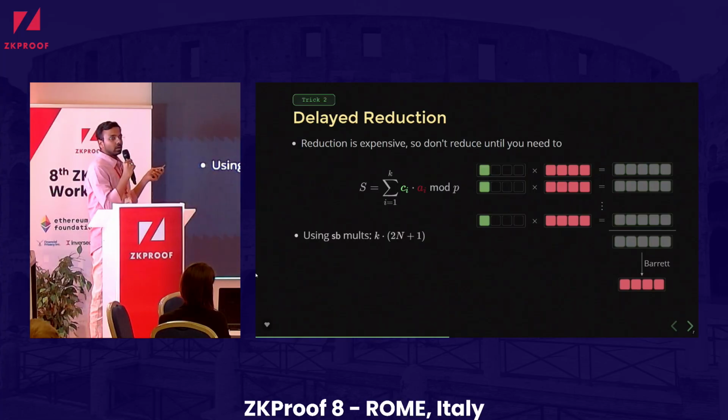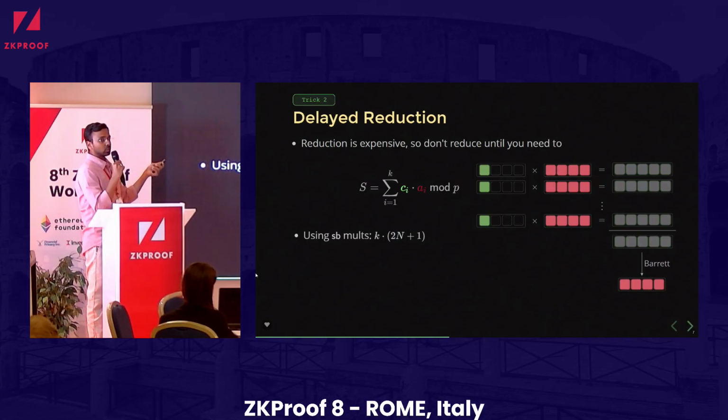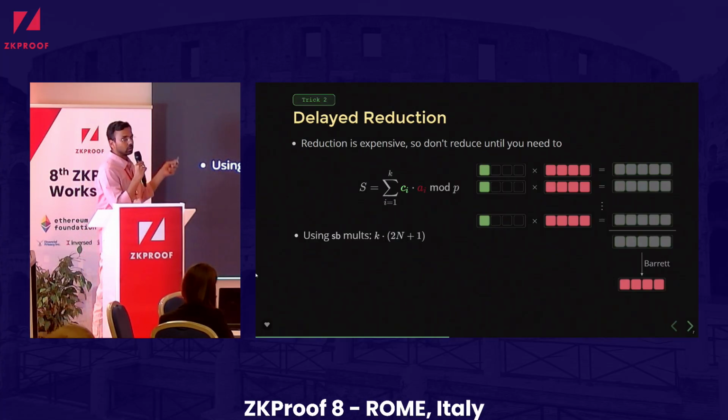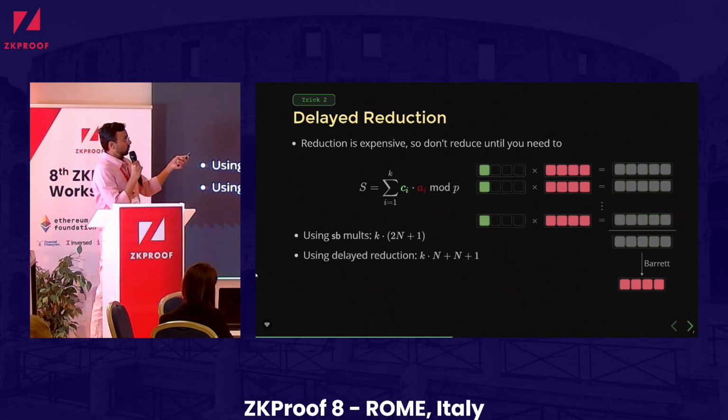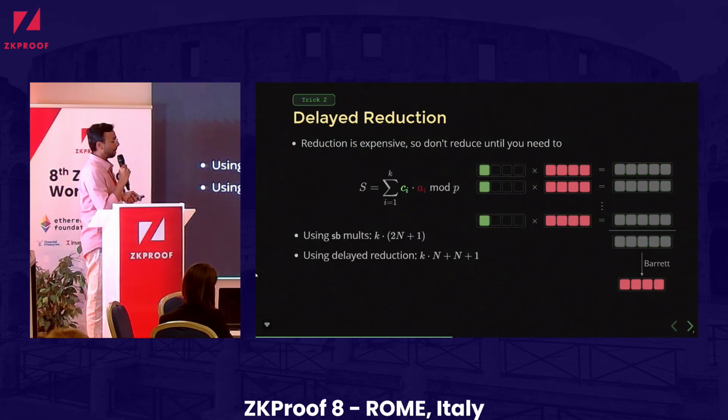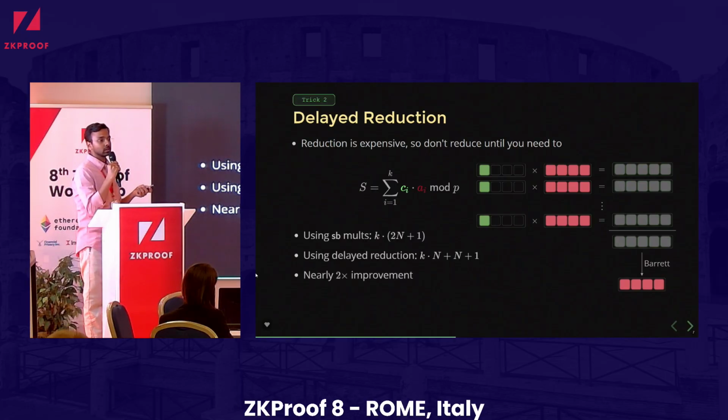Which means the SB multiplication that we saw on the previous slide cost 2n plus 1 multiplications for one multiplication, and k is the number of multiplications we are doing here. With this method, we avoid all these reductions and do one final delayed reduction. So it's almost a 2x improvement on the SB multiplications. So it's almost like a 4x improvement if you consider it against the big multiplications.